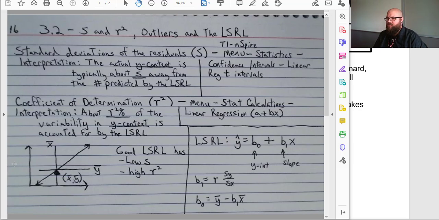To find your slope, b subscript 1, it's equal to your r, your correlation, times the standard deviation of y divided by the standard deviation of x, which you will have those values to calculate. And for your y-intercept, b subscript 0 is equal to your y mean minus b subscript 1 times your x mean. All right? That will give you the y-intercept of the equation for your least squares regression line.